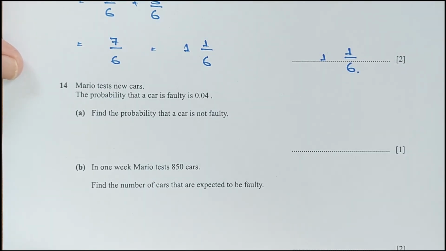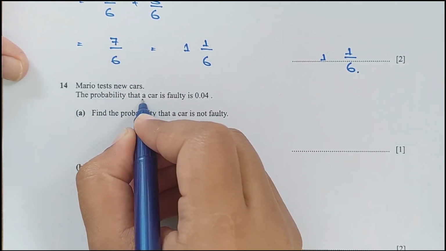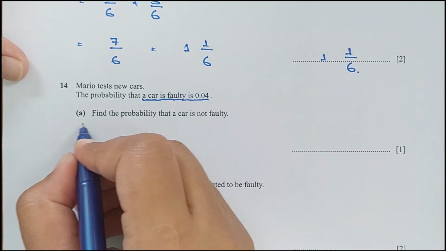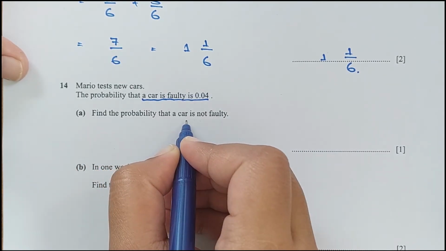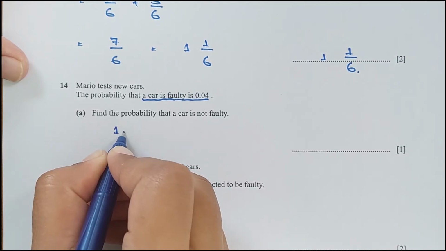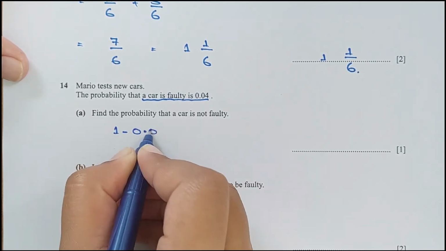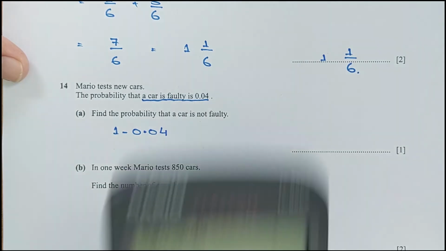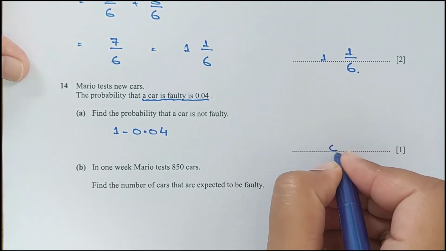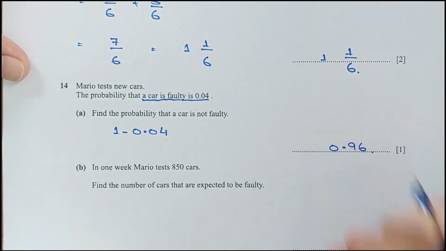Question number 14. Mario tests new cars. The probability that a car is faulty is 0.04. Part A, find the probability that the car is not faulty. So the probability of not faulty is 1 minus the probability of faulty. Right. So we have 1 minus 0.04, which is 0.96. All right.